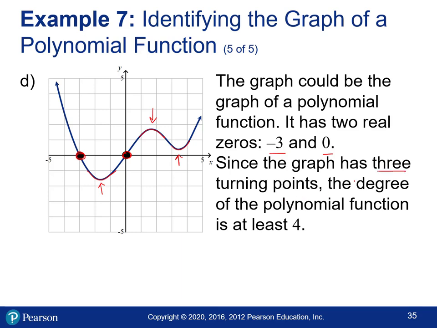So we have 3 turning points, so then our degree is at least 4. So the degree 4 has 3 or less turning points. And so we just worked it backwards. We started with the fact that we had 3 turning points, so we knew that the degree had to be at least 4.